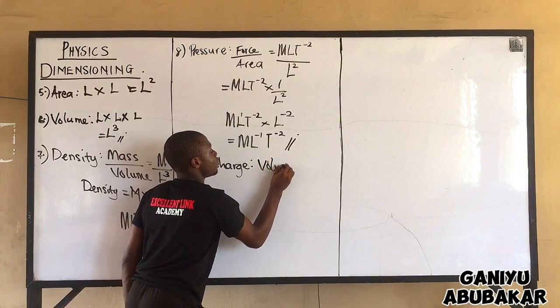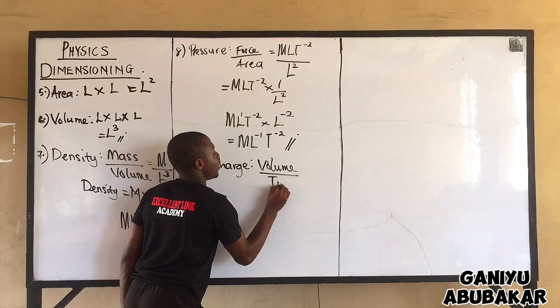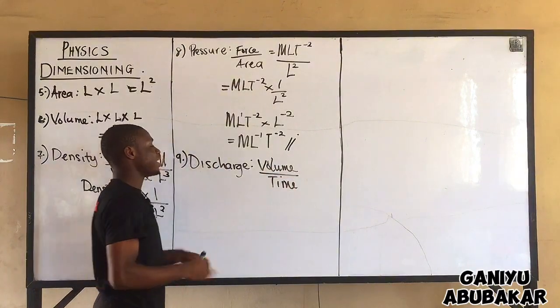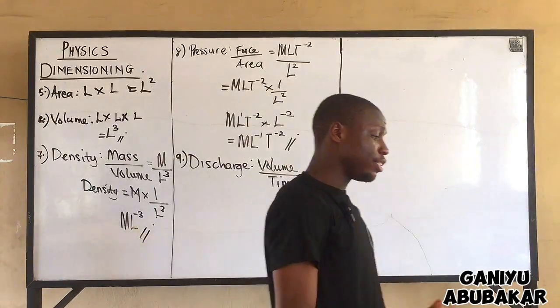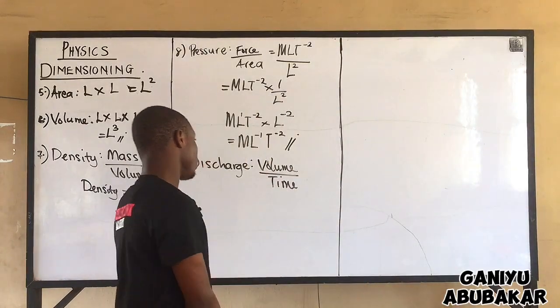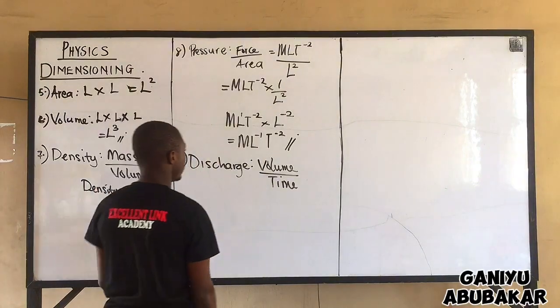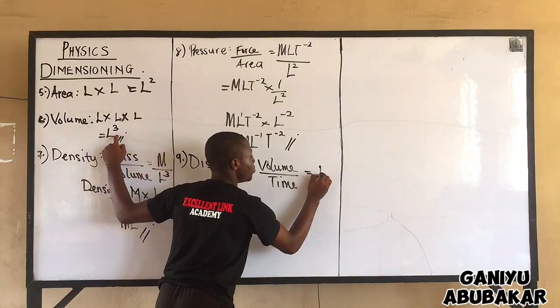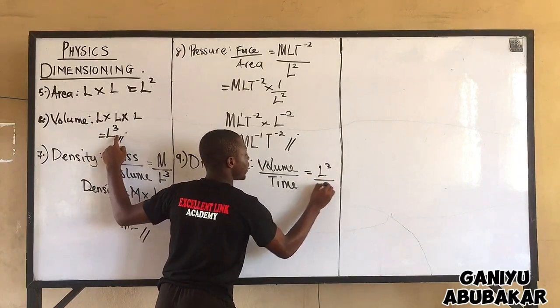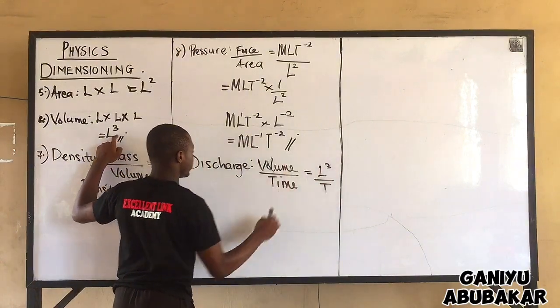Discharge is also called volume flow rate, right? It is simply the volume over time taken. Of course, volume is L cubed over time. What's time? T. What's the dimension for discharge?